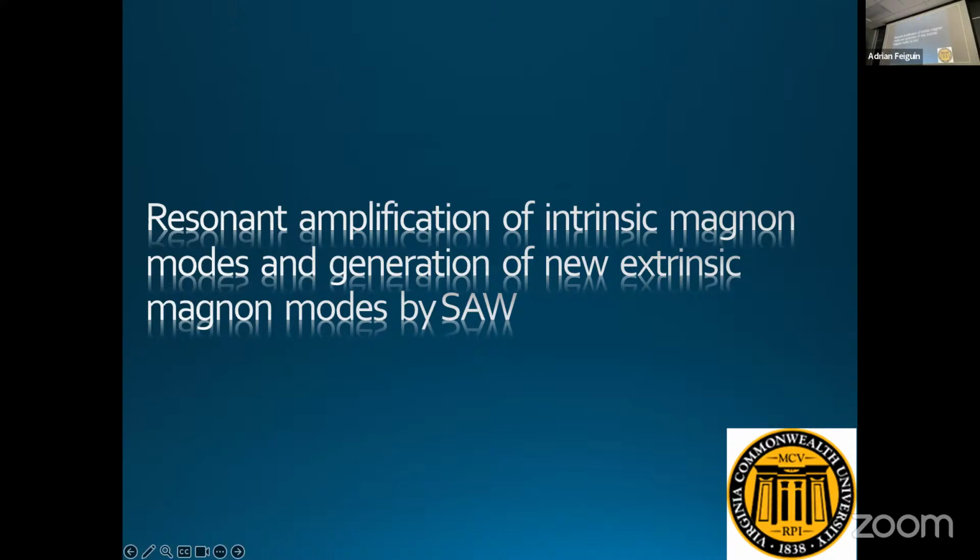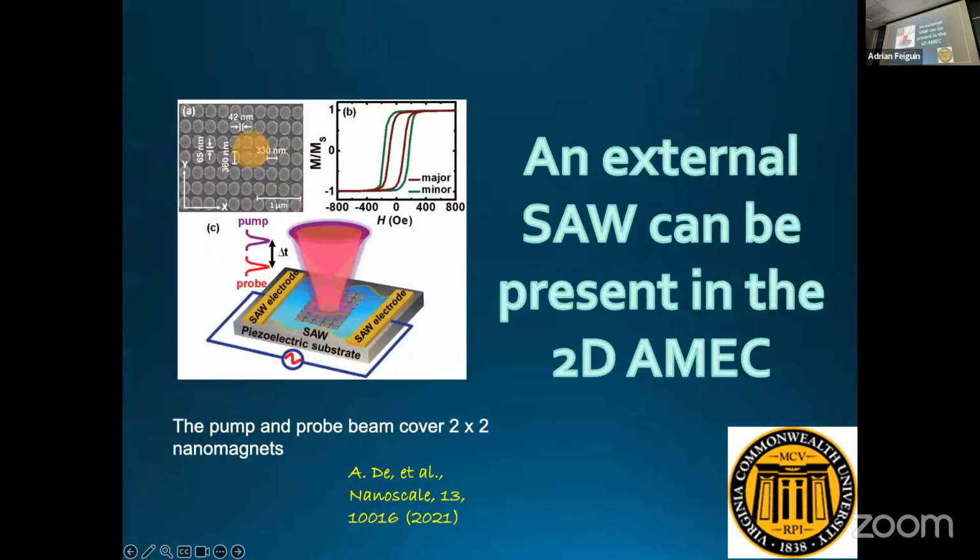We call that an extrinsic mode because it is not present normally. It is present only when you launch an external SAW. So that's the picture here. Again, you have the same picture, except now you have electrodes to launch external SAW into this array.